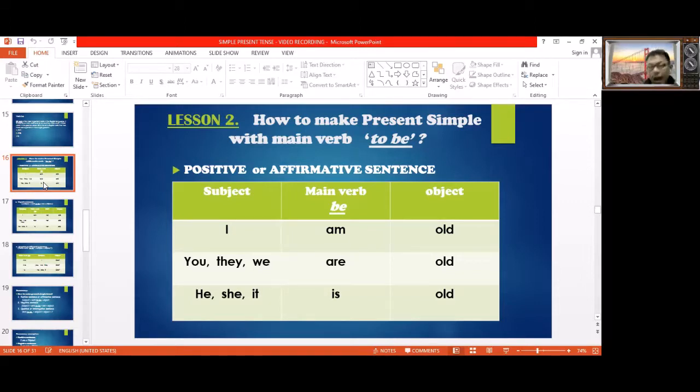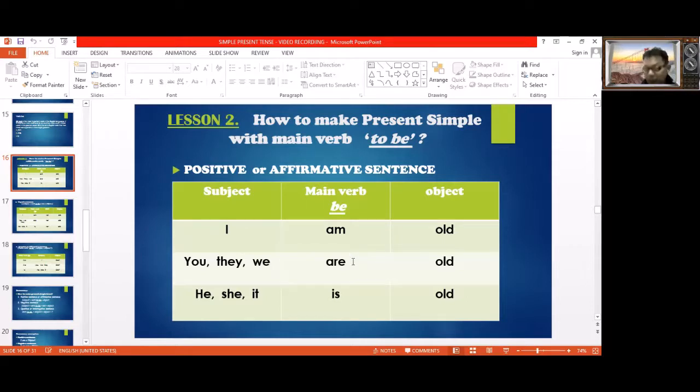So now I is the only subject that uses the verb be am. Again, I only uses am as its main verb in verb be. Group 1, you, they, we, uses the to be verb are.